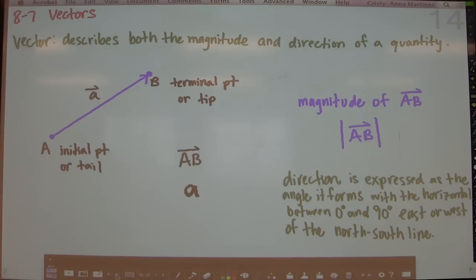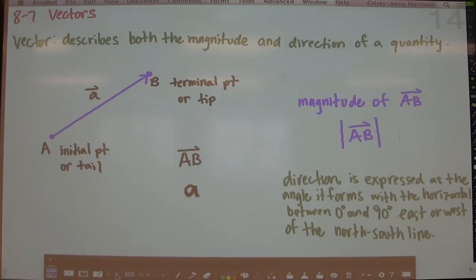A vector is basically something that describes both the magnitude and direction of a quantity. For example, if you were to say speed is 10 miles per hour, that's only a scalar because it's only giving you the quantity.